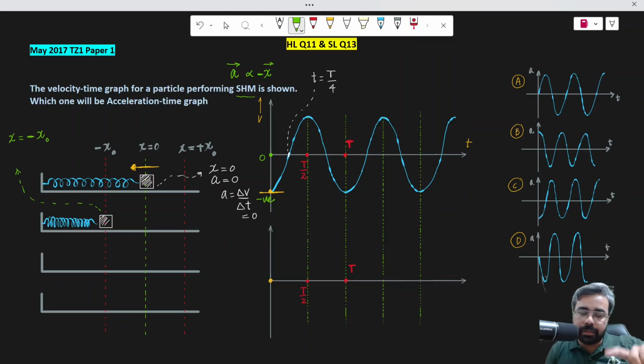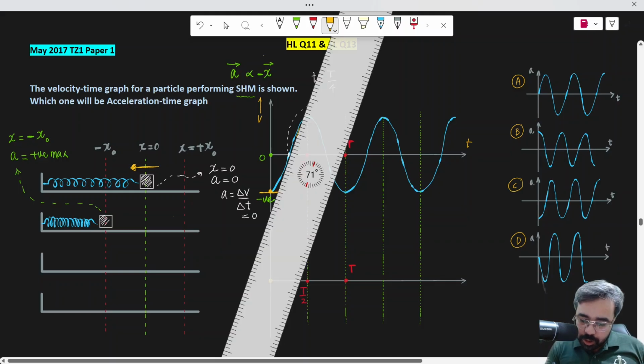But since acceleration is directly proportional to displacement, though always in the opposite direction, at that point the acceleration must be at its positive maximum value, which is exactly endorsed from the graph when you find the gradient.